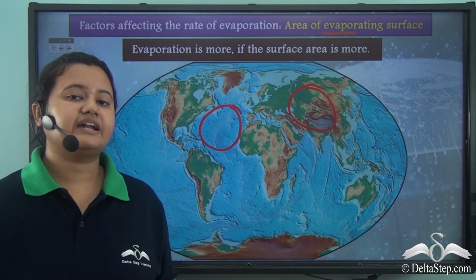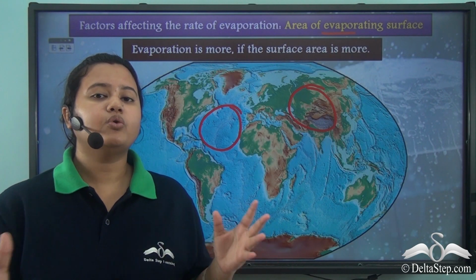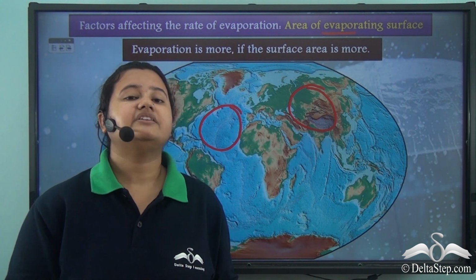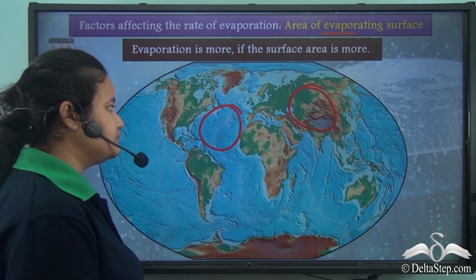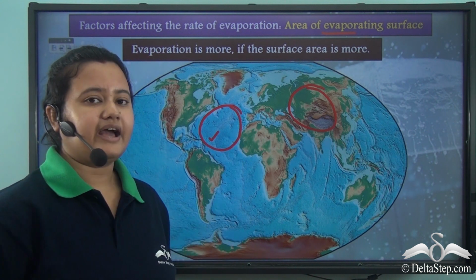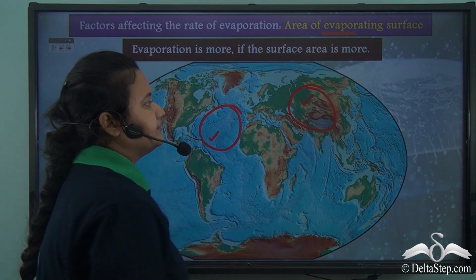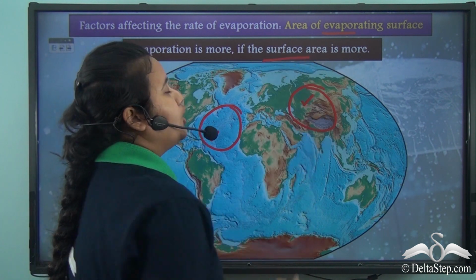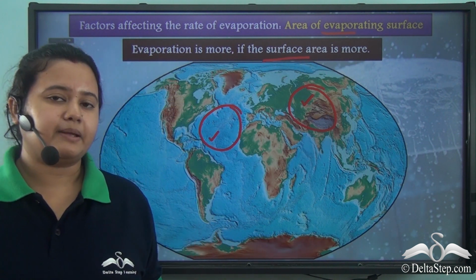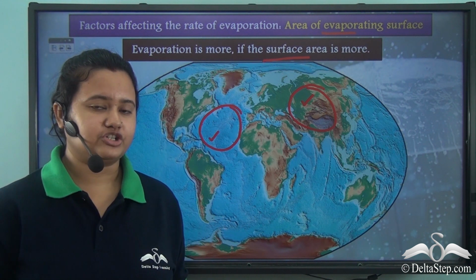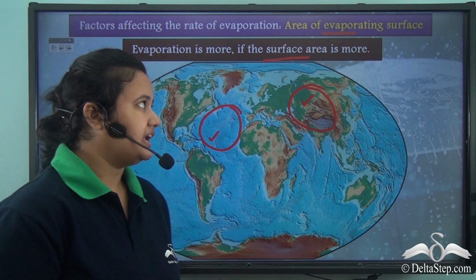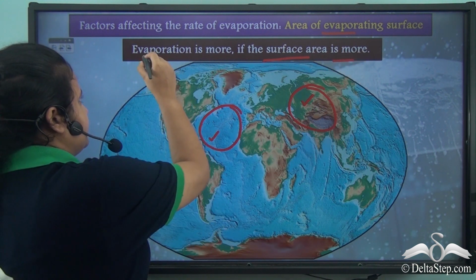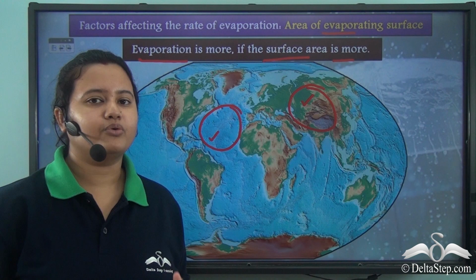The reason is that in oceans there are more water bodies compared to that in continents. So here we see that the surface area of the liquid plays an important role in evaporation. If the surface area of the liquid is more, then the rate of evaporation will be more.